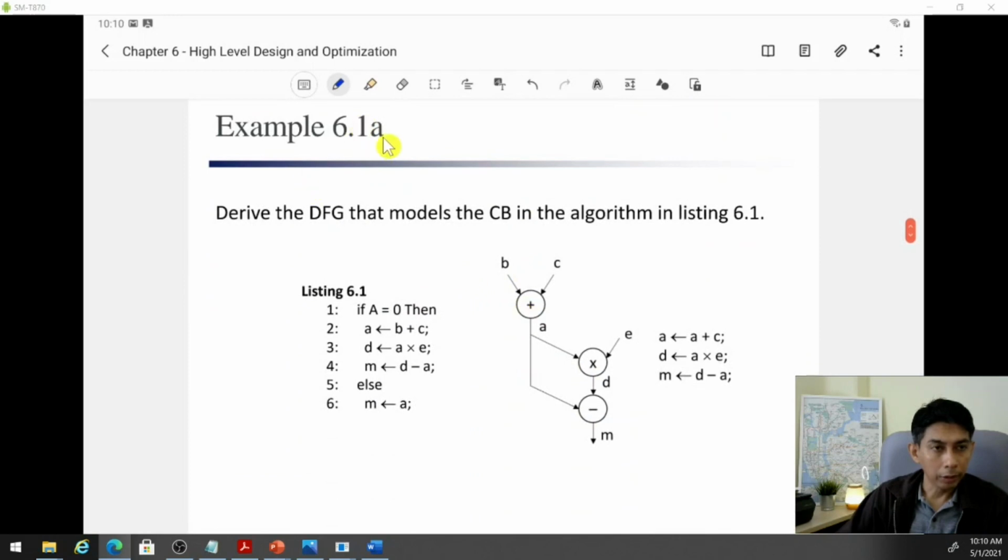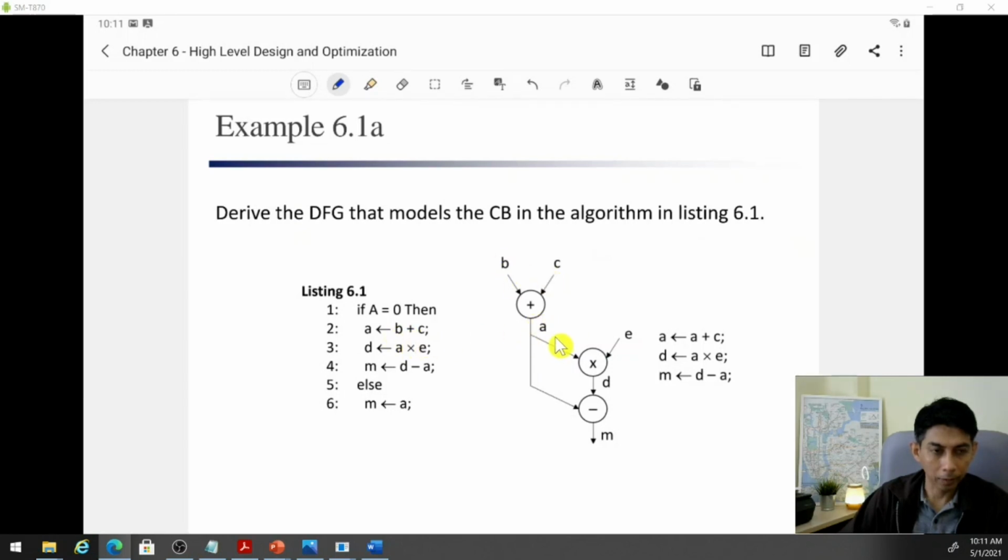Now look at this example 6.1a. This is the same algorithm from listing 6.1. If we have a equal to 0, then we do this, and else we do this. So for this computation block, this will be the DFG, where we have a equal to b plus c.